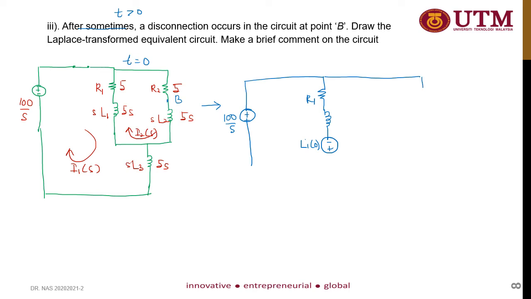On the right hand side you have the resistor R2, and this connection occurs at this point B, and you have the inductor with the additional source in series. Again it is L2 I2 naught. This is L1. And then at the bottom you have another inductor in series with its source.